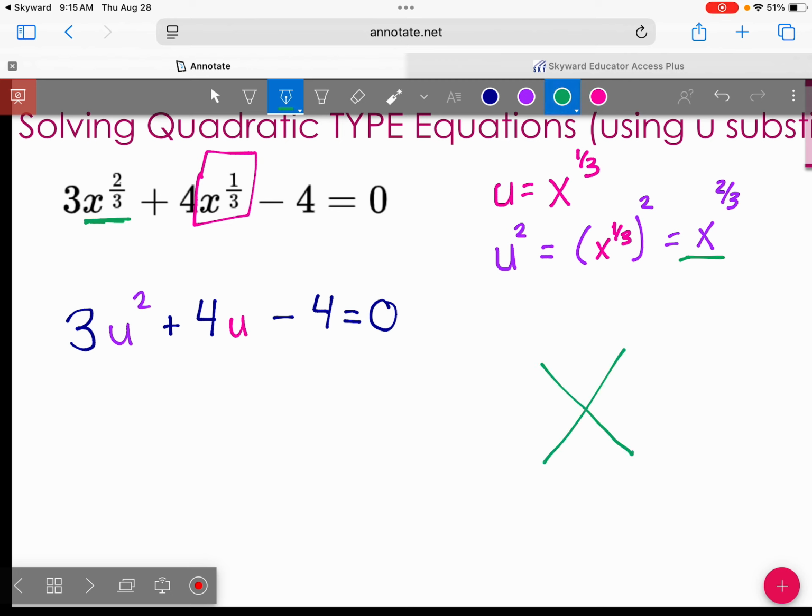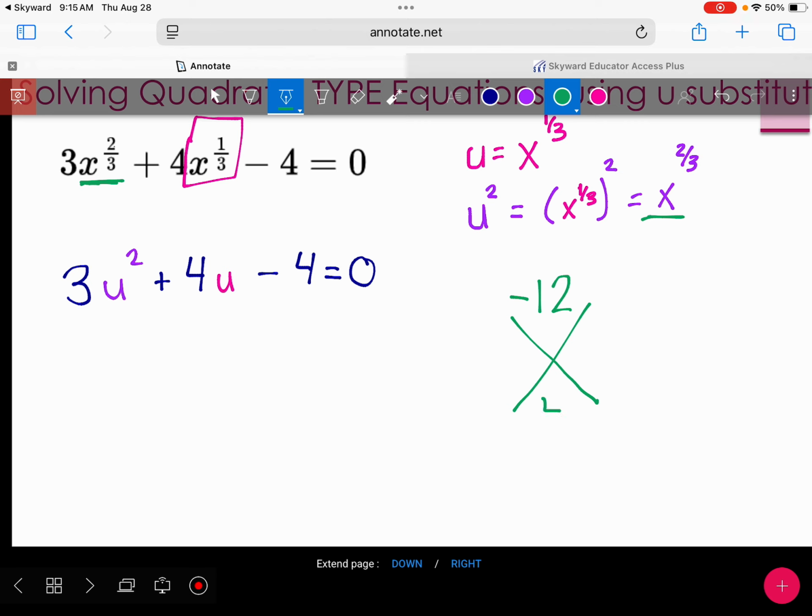I know a lot of you are flying ahead because as soon as we switched out the u's to u squareds, you went head down, started flying, which is totally fine. That's part of the reason sometimes I don't say it out loud when I'm writing it, because I know you guys are working ahead. A pair of numbers that multiplies to make -12 and adds to make 4: 6 and -2.